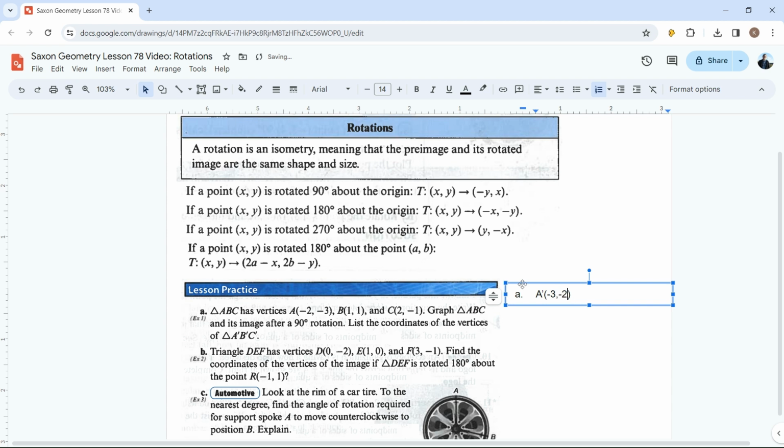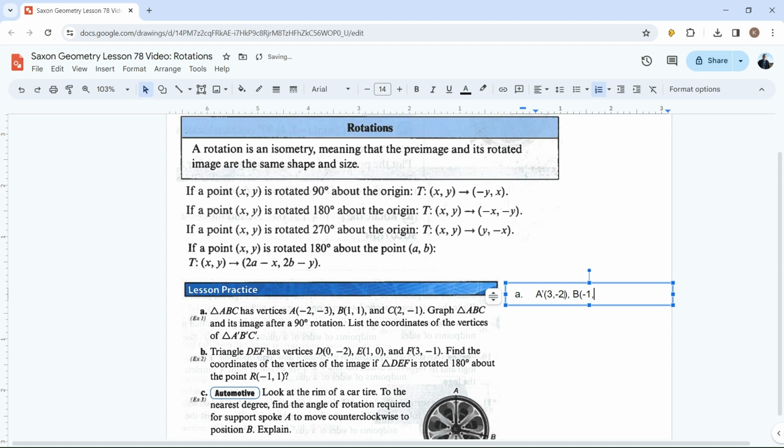But wait, I'm not done yet. The original Y value has to become negative when I switch it over to the X value. So it's no longer -3. Now it's (3, -2). Okay, let's do B. B is going to be (1, 1), except I need to switch the sign on the one that gets moved over.